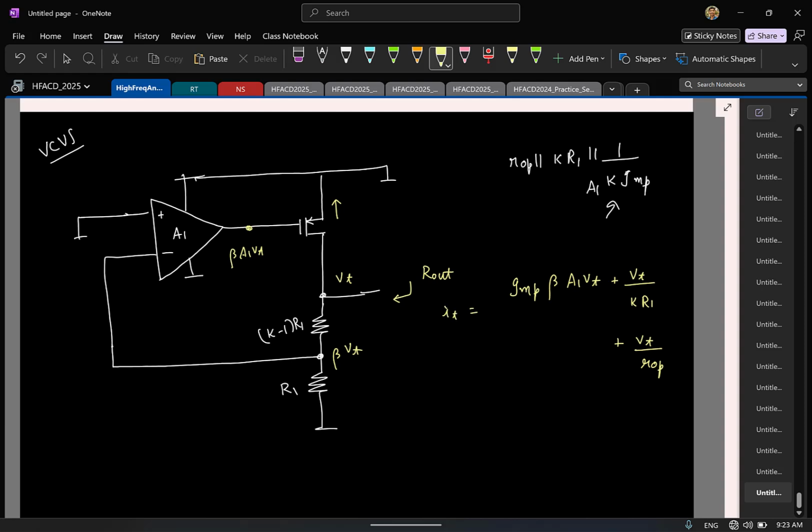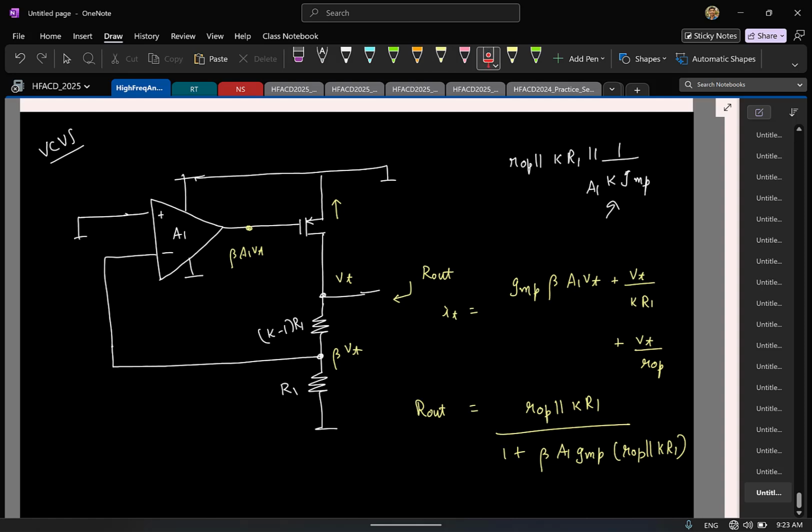So if you calculate this, is it correct? Yeah. So if we simplify this, what do you get? Let me write it this way. It is R0P parallel K times R1, divided by 1 plus beta times A1 times GMP times that resistance.